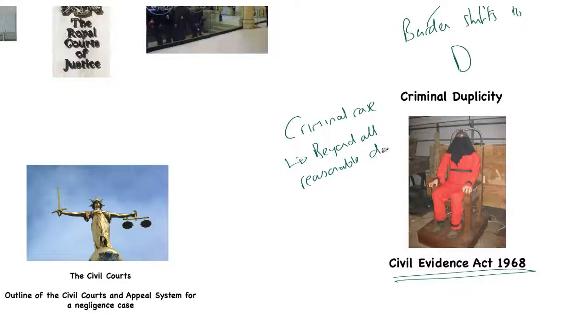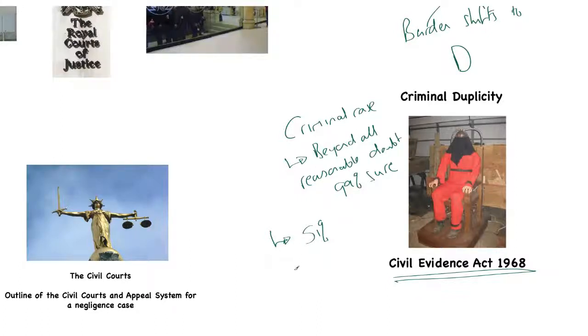And as we saw above, that's going to be 99%. They're going to be 99% sure. Now, if then there is a subsequent civil claim, we only have to demonstrate to the court 51%. Well, we've already proved that the defendant is 99% liable, so we don't have to now go back to prove that they are only 51% liable.